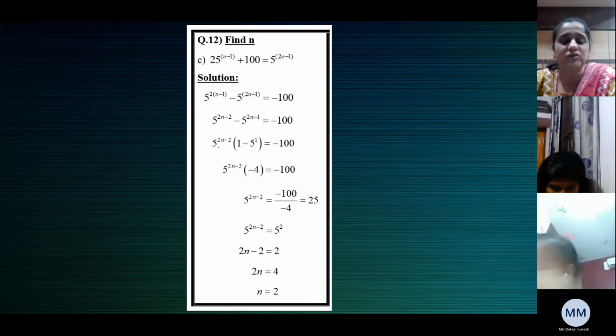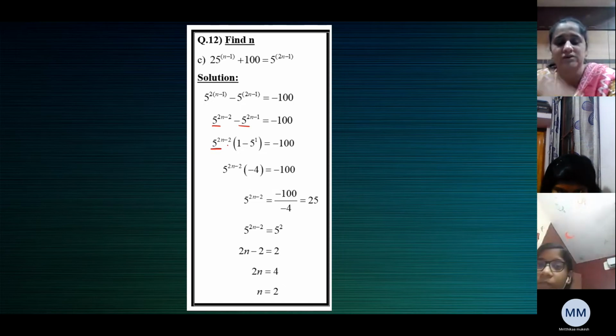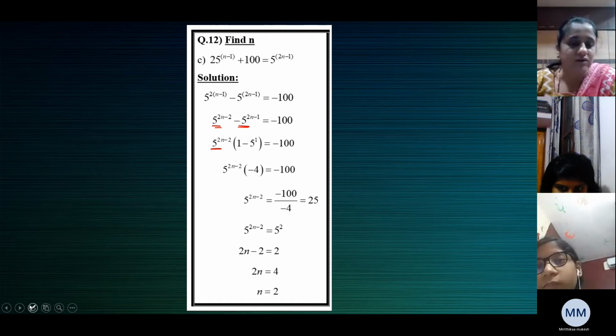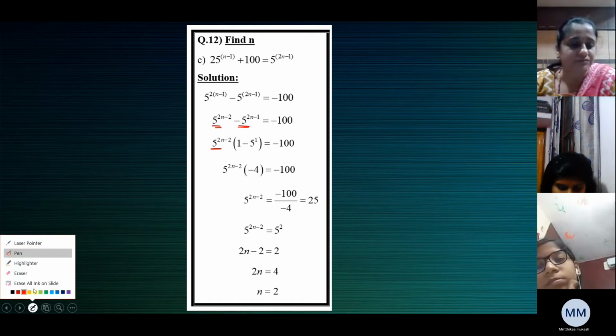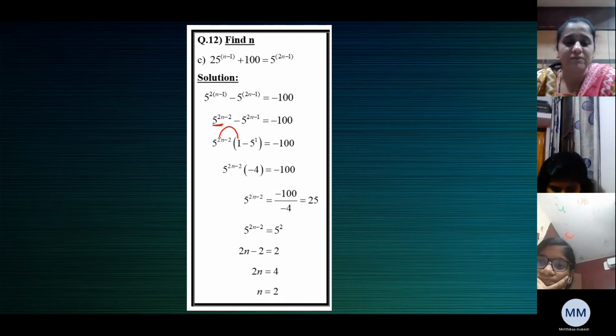I have taken out 5 to the power 2n minus 2 common. See, this one or this one, any one of the two can be brought out here as common between these two. Now, 5 to the power 2n minus 2 into what will give you the first term? This is common outside.